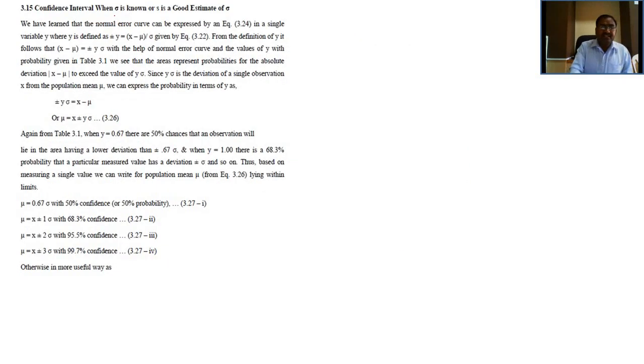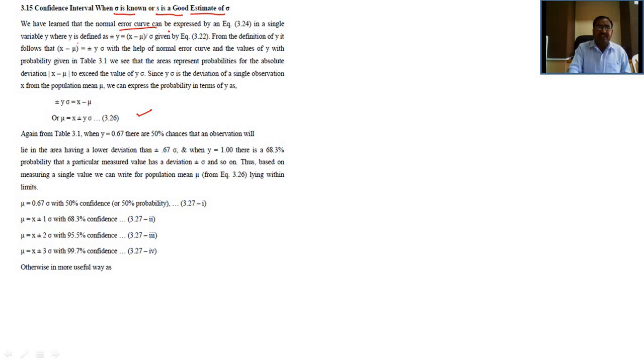The confidence interval when sigma is known or s is a good estimate of sigma. We consider that the normal error curve can be expressed in that equation. Here, y sigma is equal to x minus mu.